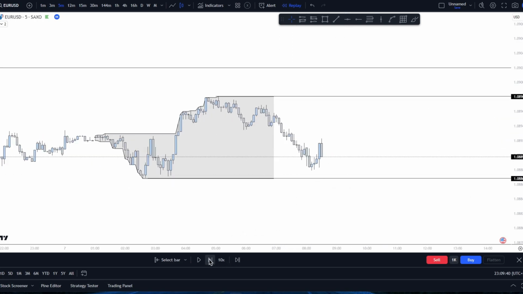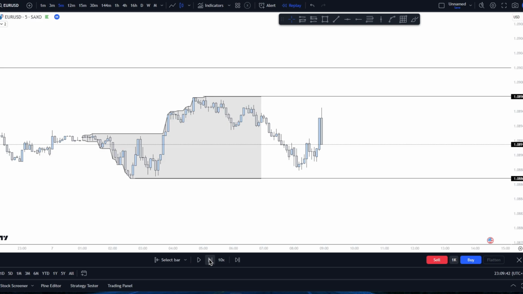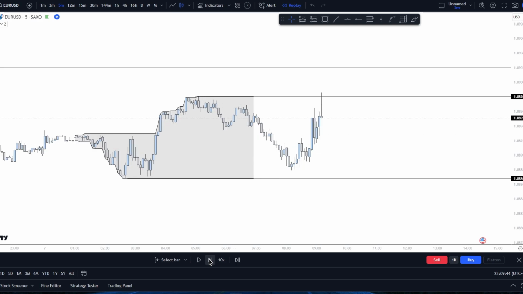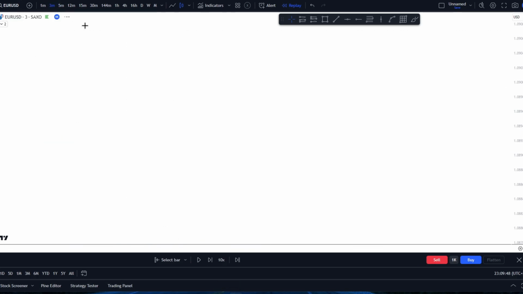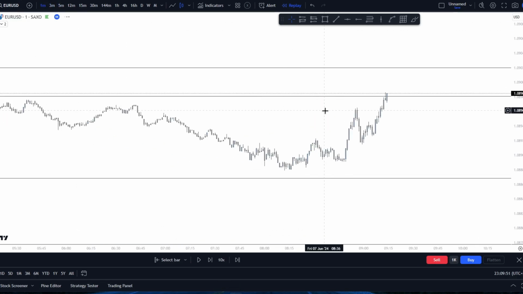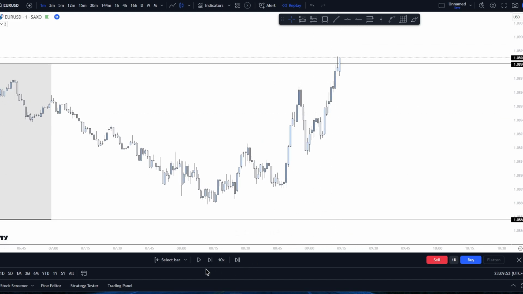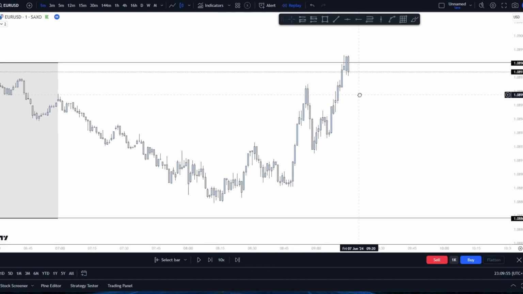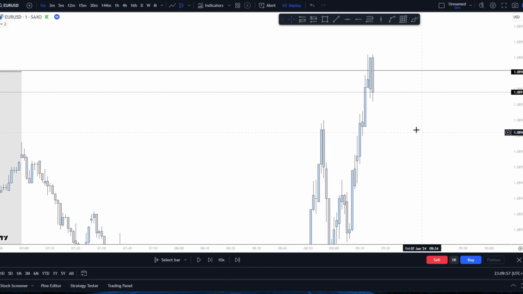Okay, so we have the Asian range here, and we're going to a lower time frame, and we're looking for the liquidity grab. Now I went to the 1 minute time frame. It looks pretty good.